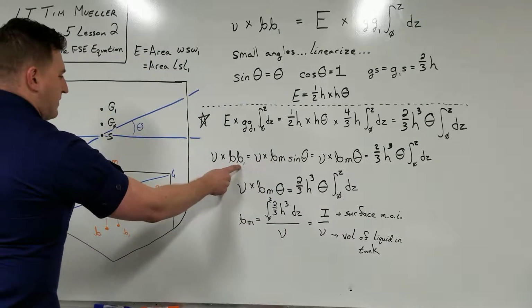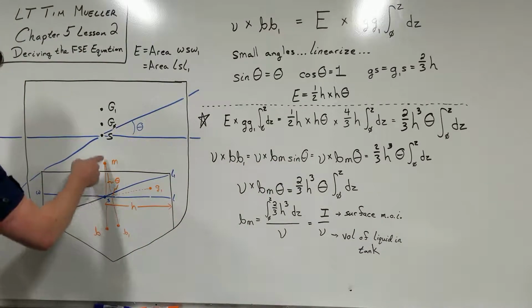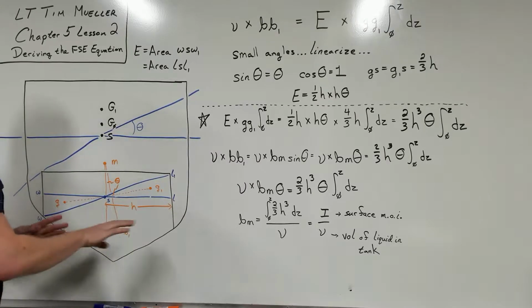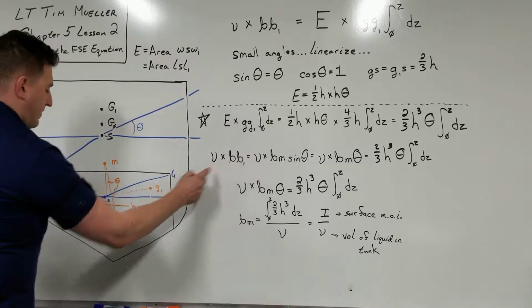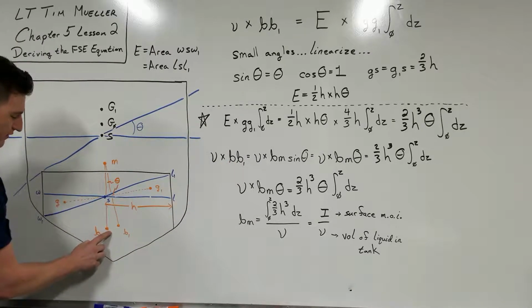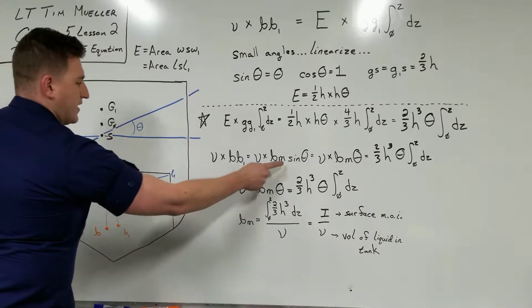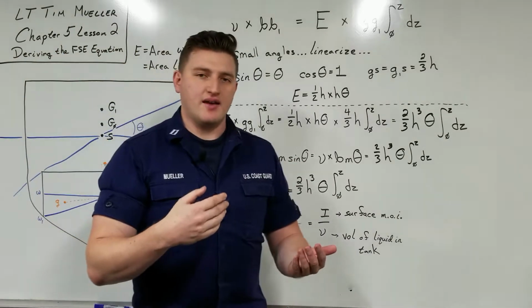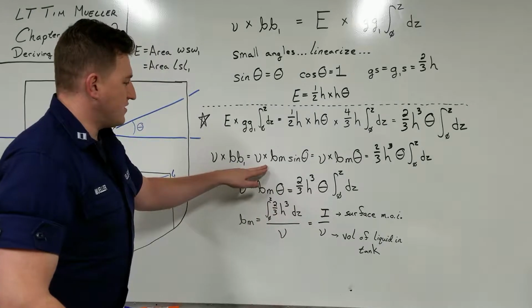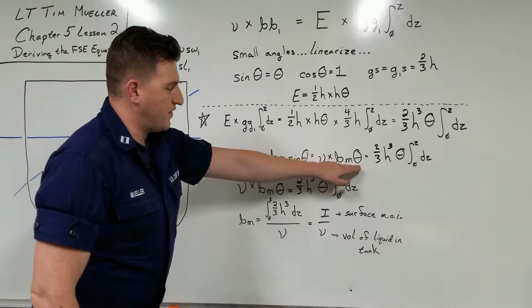We have this triangle here. Assuming it's very close to a right triangle, BM is our hypotenuse, and we're trying to find this distance right here, BB1. Just by using trigonometry, BB1 is BM sine theta. But using our linearization, sine theta equals theta. So let's rewrite this as V times BM theta.